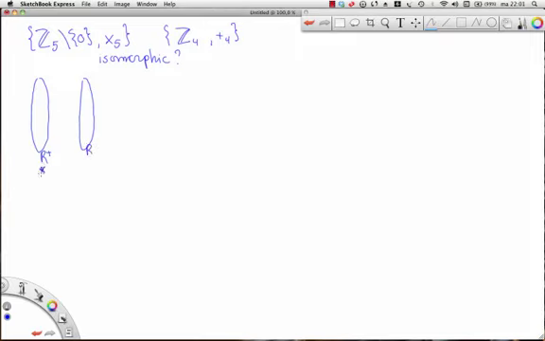Here the operation was multiplication, here the operation was addition, and I saw that there was this bijective relation, the relation being the logarithm, and secondly, that it was true that if I had two elements A and B, the log of A times B equaled the log of A plus the logarithm of B.